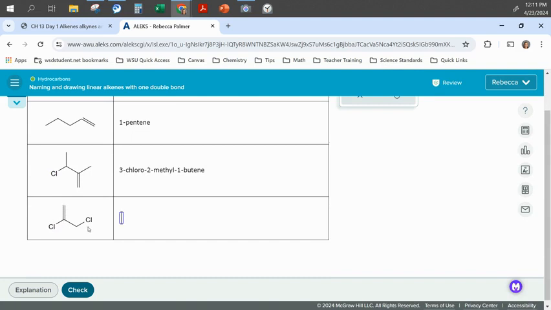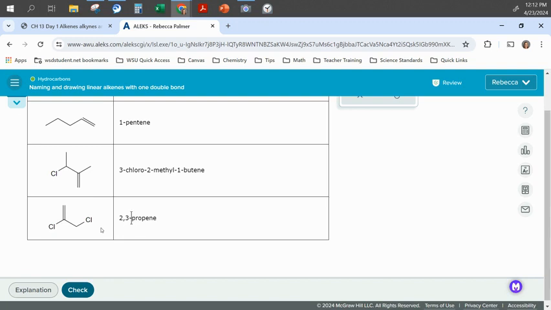Okay. This one, we have to follow the path that includes the double bond. So I'm going to go this way. 1, 2, 3. So that's going to be propene as my parent structure. And then there's 2 fluoros, one at the 2 position and one at the 3 position. So this is going to be 2,3-dash.